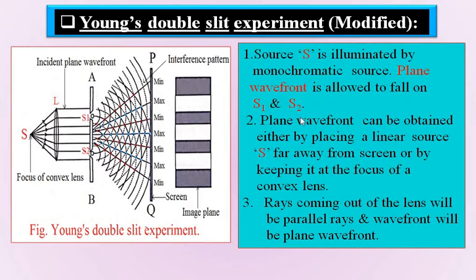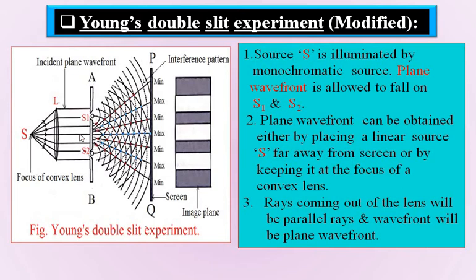A plane wavefront is allowed to fall on the two sources S1 and S2. These two sources act as the coherent sources.